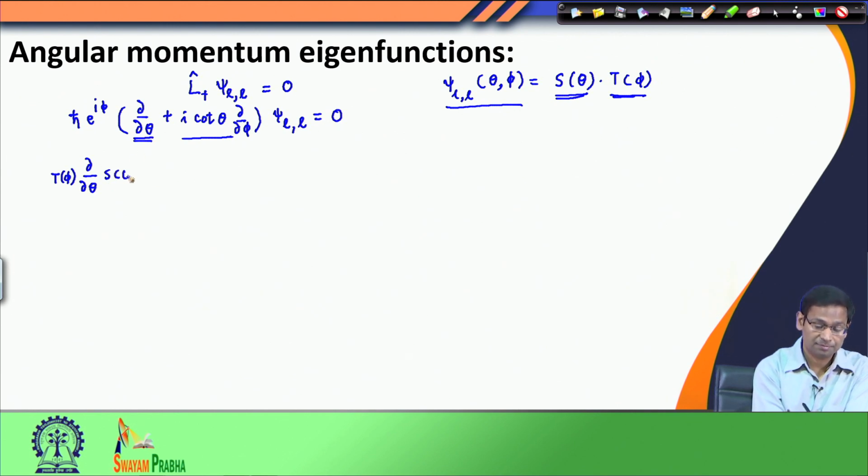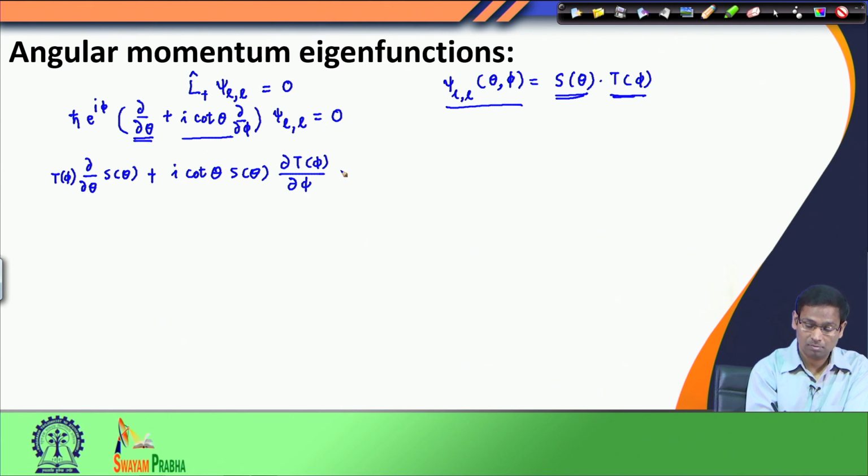So, I am left with, and when I do the differentiation with respect to phi, the s function will come out. So, instead of writing psi, I just used this definition as s into t.